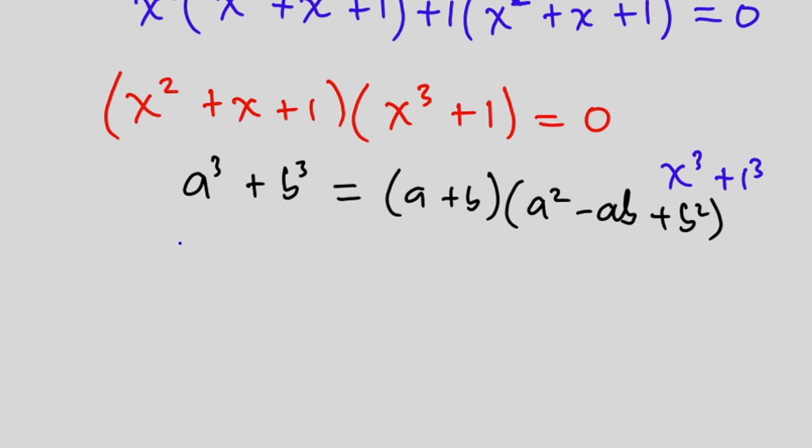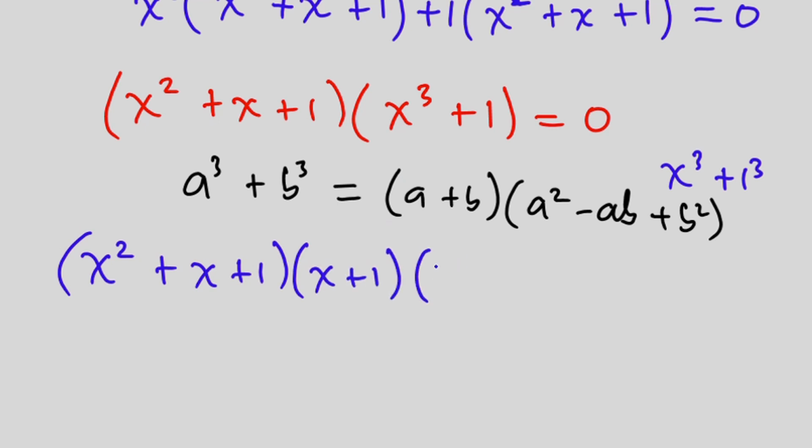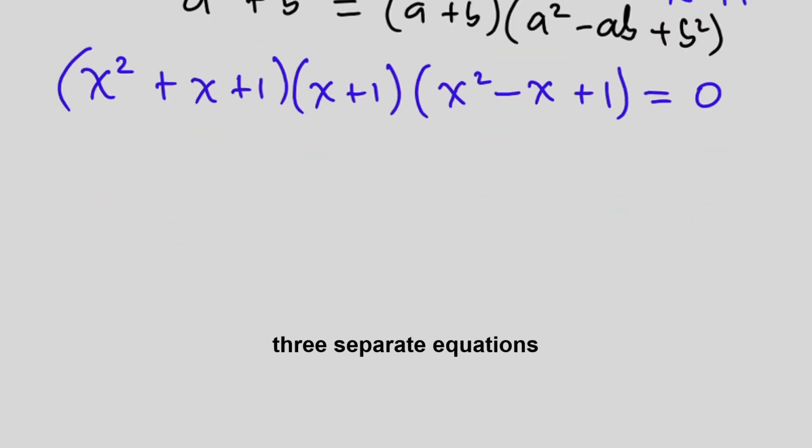And if we do that, I'm going to write this one first. We're going to have x squared plus x plus 1. Then this one, we're going to have x plus 1, then times x squared minus x plus 1, and this is equal to 0. And now we can have three separate equations.